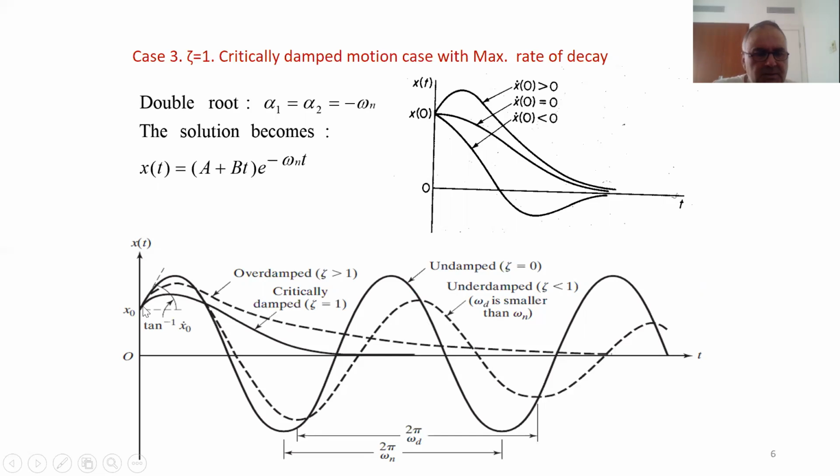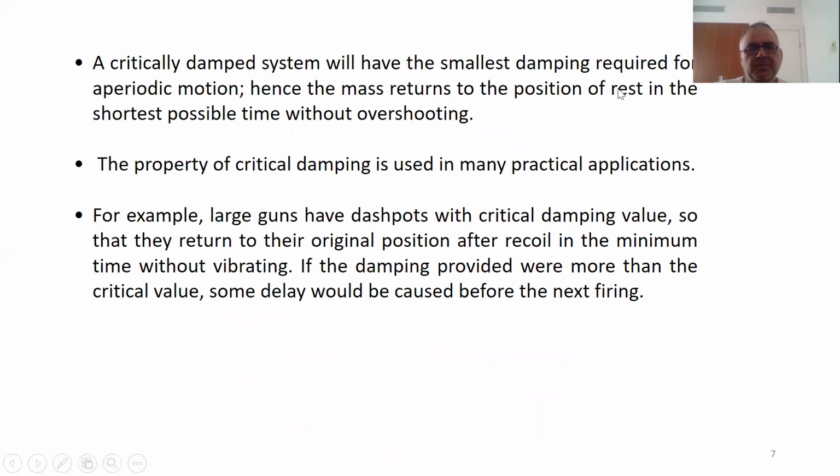The critically damped case dies out fastest compared to other damping cases. The overdamped case usually takes a longer time to die out. So the critically damped case has the maximum rate of decay, and that is used in many applications.